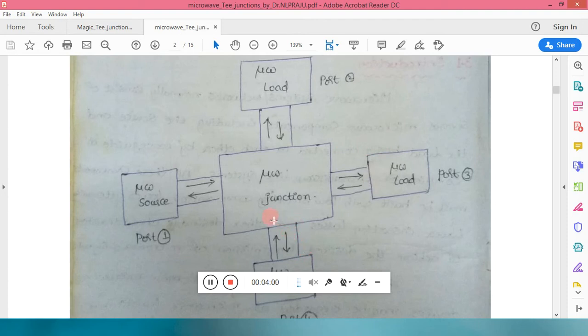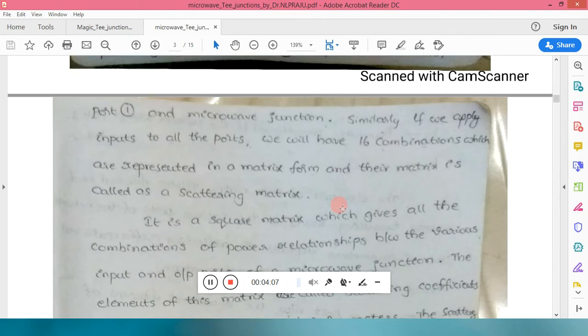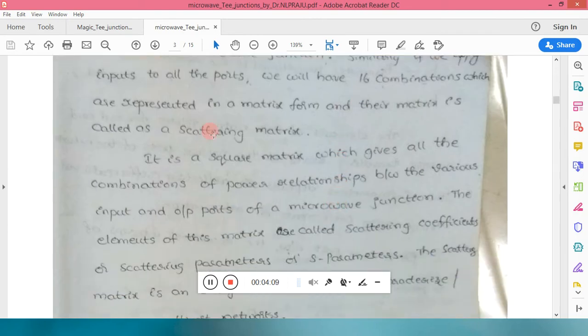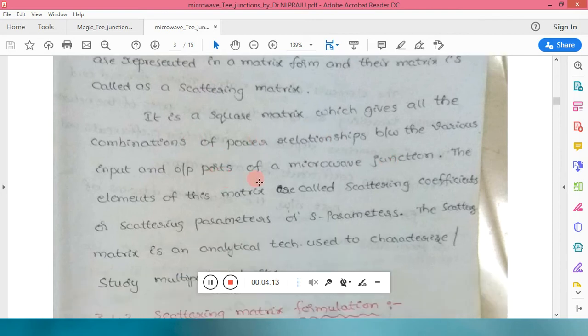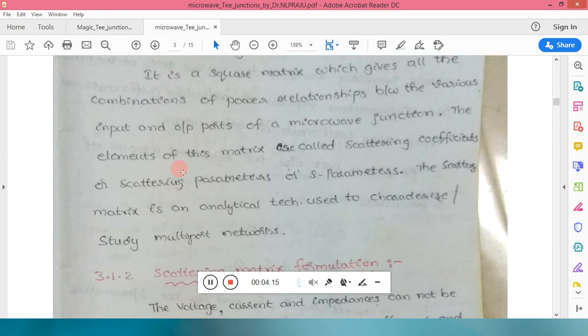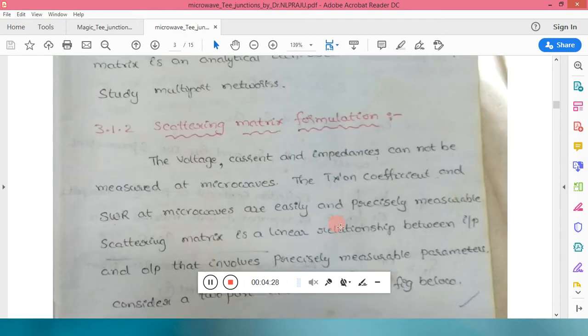The signal will get into the remaining ports and some power may get back according to the application of power in the different ports. The elements of this matrix are called scattering coefficients or scattering parameters, or S parameters. This scattering matrix is an analytical technique used to characterize or study multi-port networks.